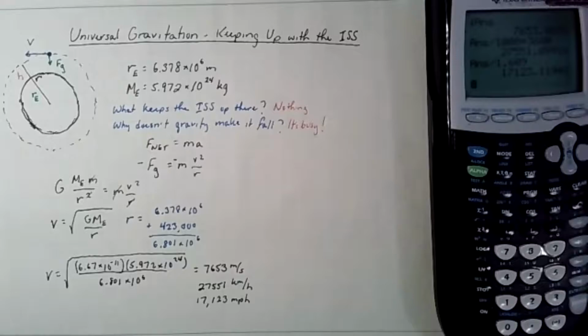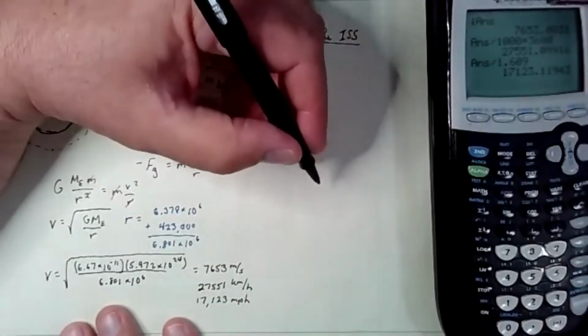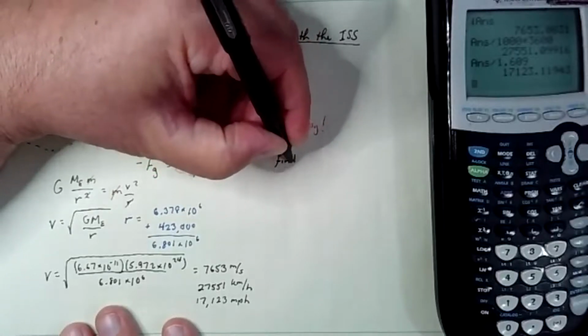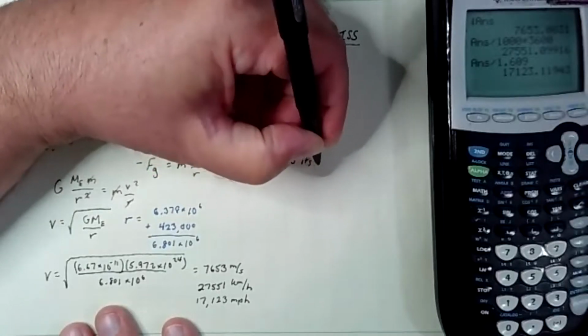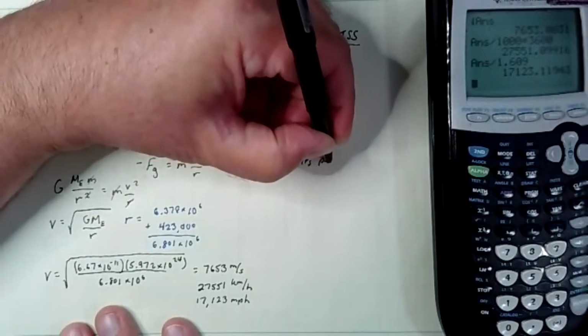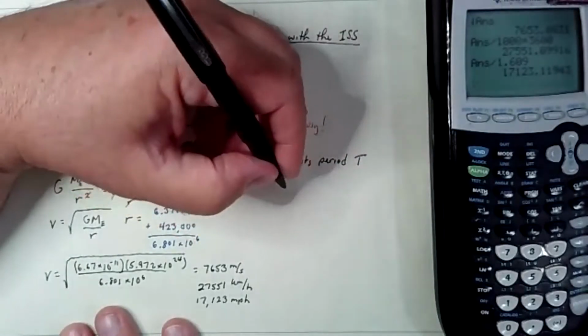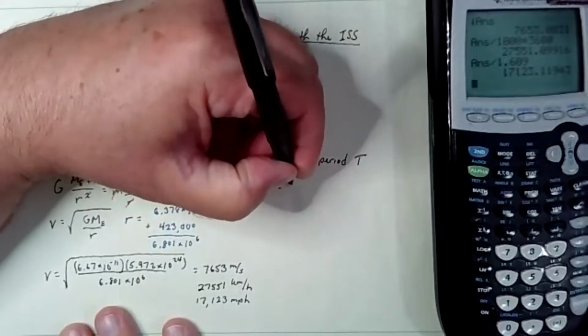All right. Let's continue this example one more time, and let's find its period, T. So speed equals distance divided by time.